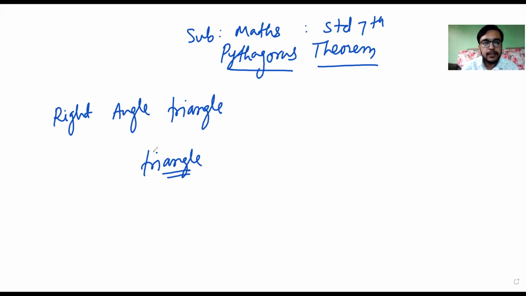So how will we define a triangle? Basically, triangle is a closed figure, right? It is a closed figure formed by joining three non-collinear points.